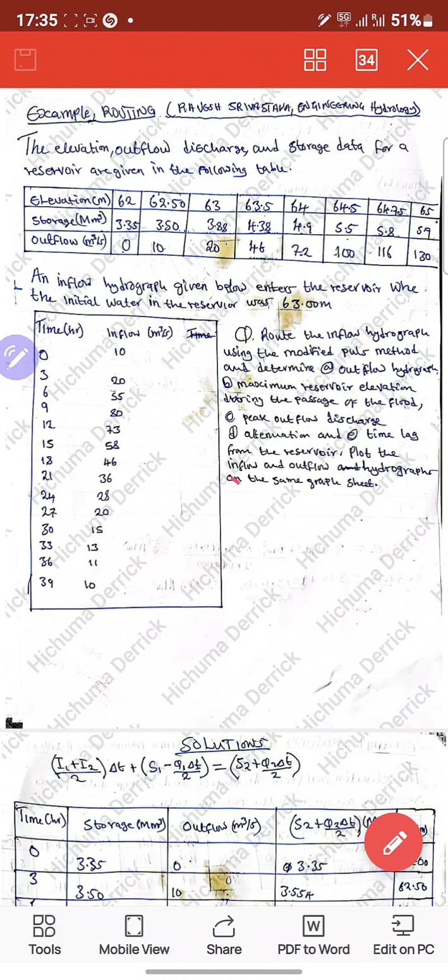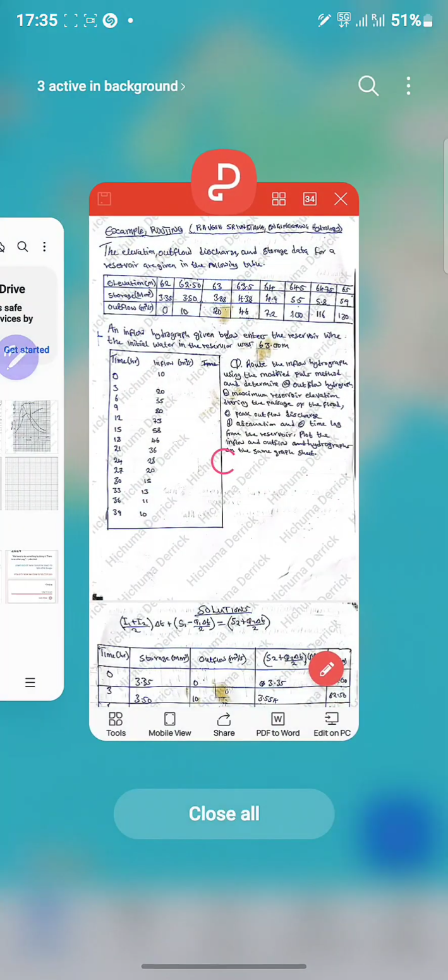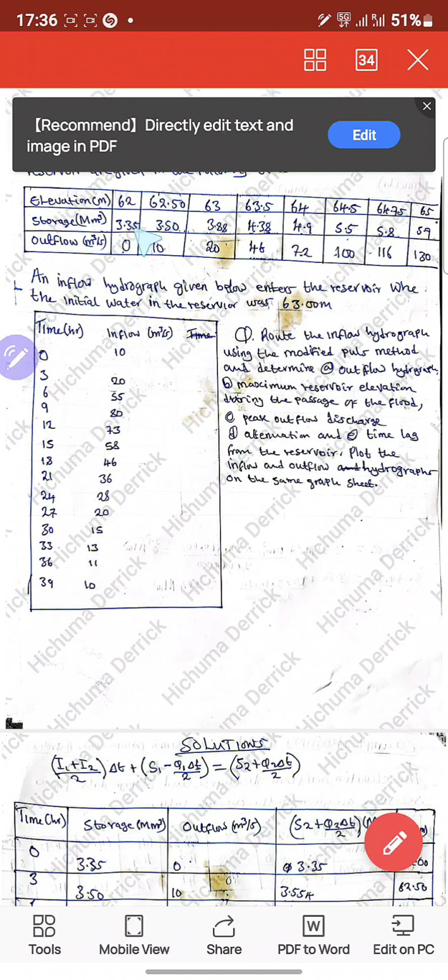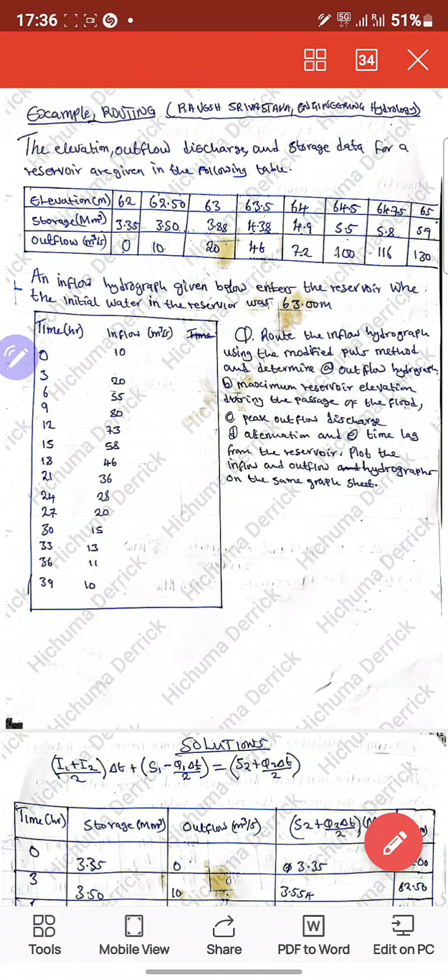So the elevation, which is this one here, the storage, and the outflow are given in this table, or the discharge is the outflow. An inflow hydrograph given below, this one here, enters the reservoir when the initial water level in the reservoir was 63 meters. So the initial conditions are very important when routing.